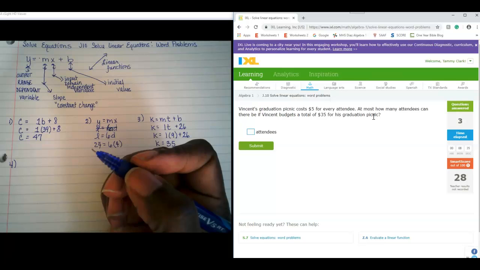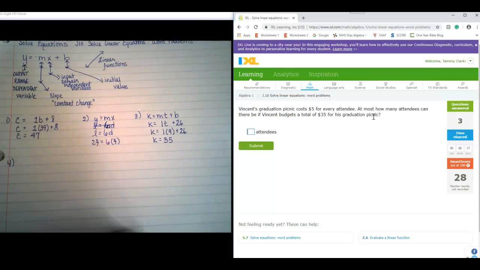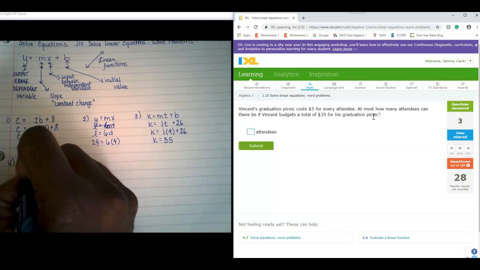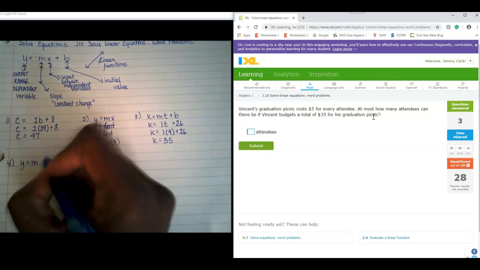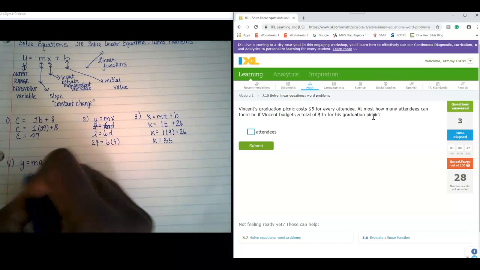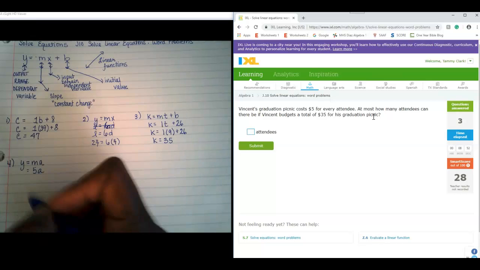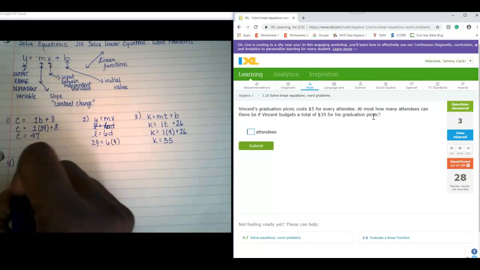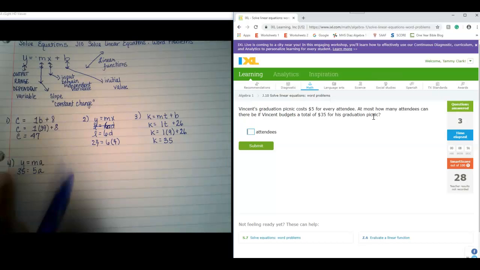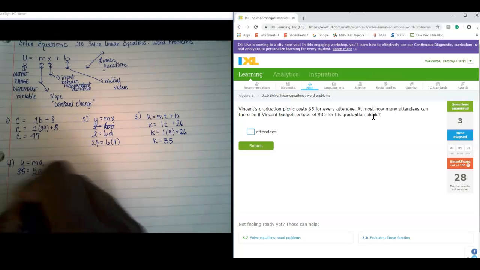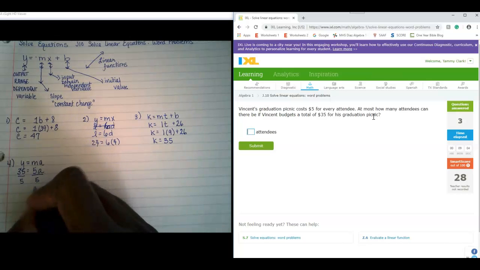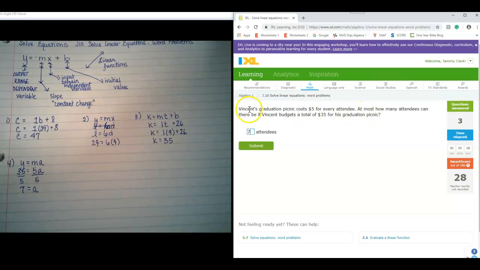Well, okay, if we think about this, then we know that he pays $5 per attendee, and his budget is $35. In other words, that's how much he can spend. So if I divide by 5 on both sides of the equation, then I know the number of attendees that can come would be 7.